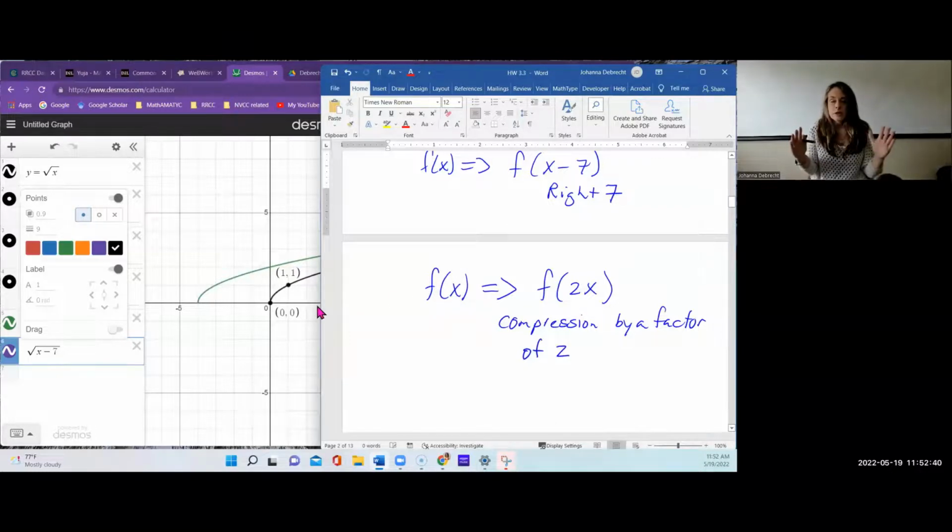That means it's going to compress the graph horizontally this way. The weird thing is that a horizontal compression has the same effect on the graph as a vertical stretch. Again, a horizontal compression and a vertical stretch have the same effect on the graph.